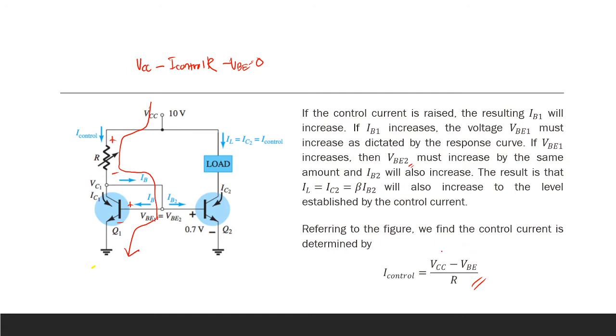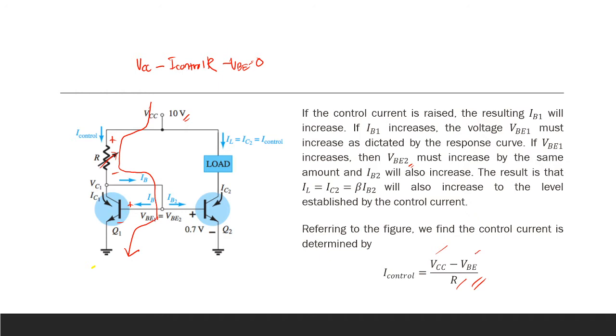So kung ang VCC mo is to change I control, ang pwede mong gawin is baguhin yung VCC or baguhin yung R. So in this case, nakita natin 10 volts yung VCC, so constant yan. But what we have here is a variable resistor. So you can change your I control by changing the value of your resistor. So kung meron kang potentiometer dyan, pwede mong gamitin yon to change.